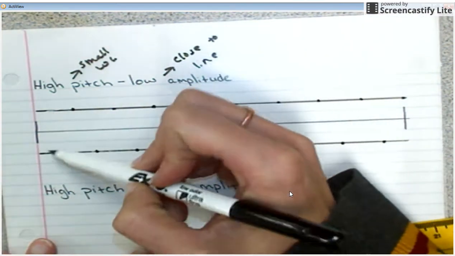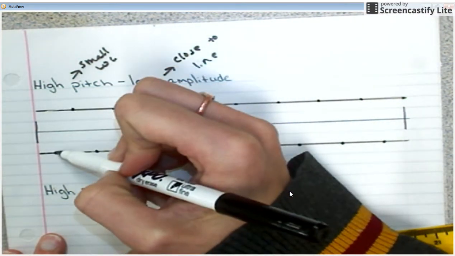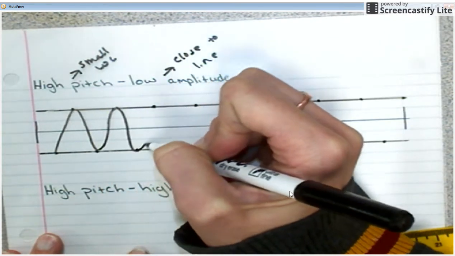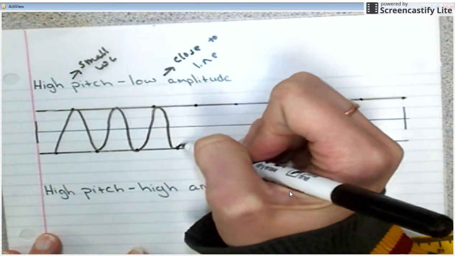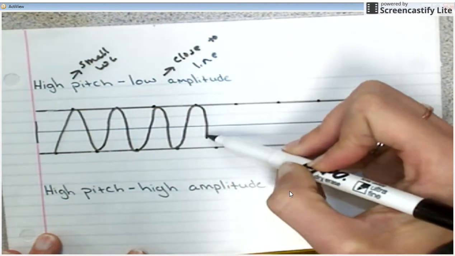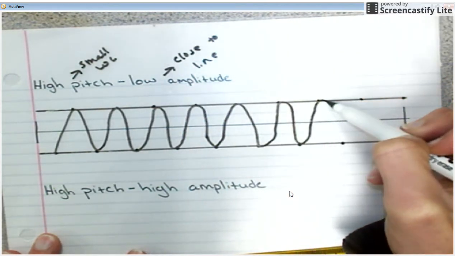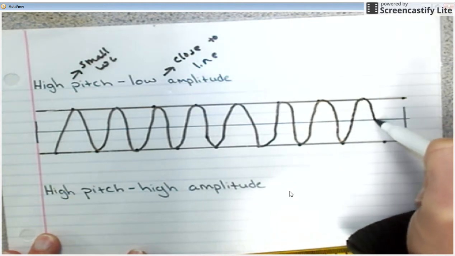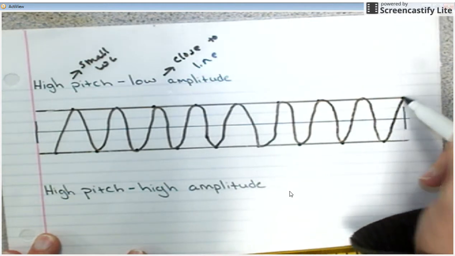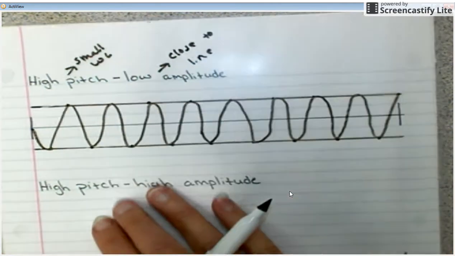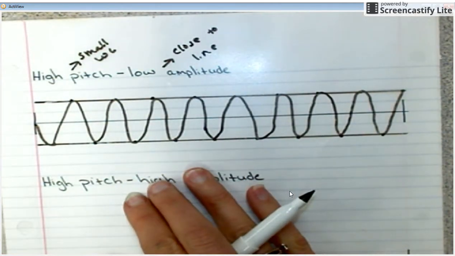So this wave will have a high pitch, low amplitude. Again, we know it's high pitched because the wavelength is small, making our frequency high. This one's going to go up like this. So this would be an example of high pitch, low amplitude.